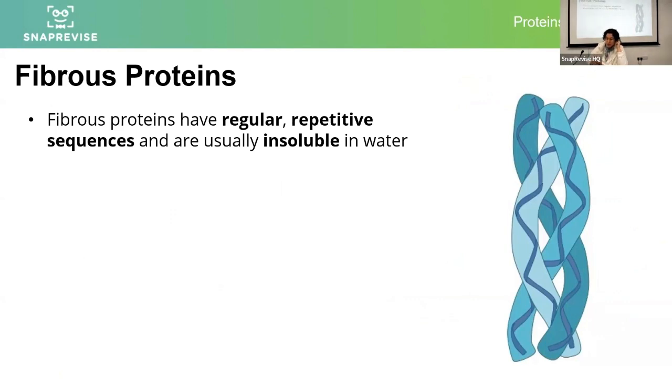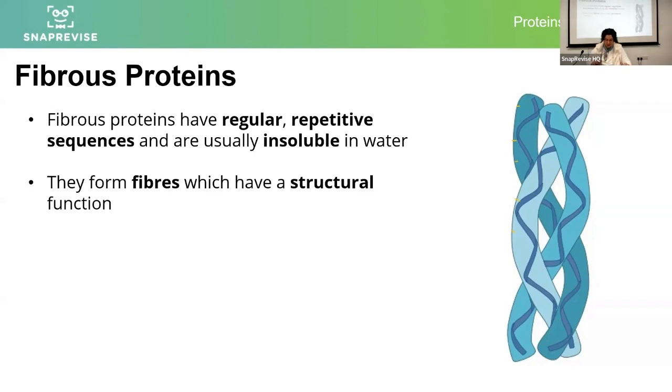They're insoluble in water in the sense that they may contain amino acids that are hydrophobic in nature, and so they will not easily be dissolvable in water. They will usually have these fibers, and fibrous proteins will almost always have a structural role. So globular proteins: enzymes, hormones. Fibrous proteins: structural.